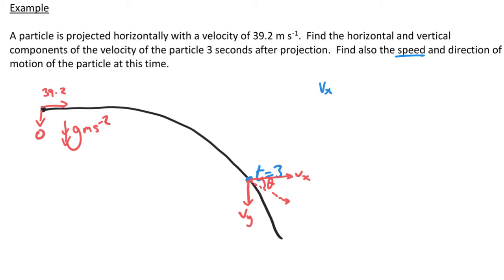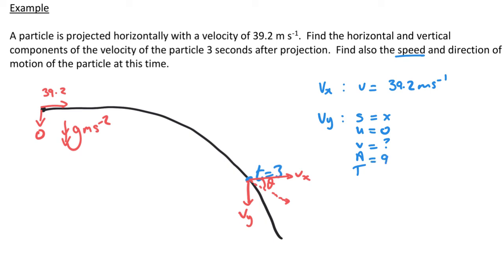So for Vx, there is no acceleration horizontally, so the velocity is just going to remain as 39.2. For Vy, we need to think about SUVAT. The displacement we're not really fussed on. The initial velocity is 0. The final velocity is what we're after.